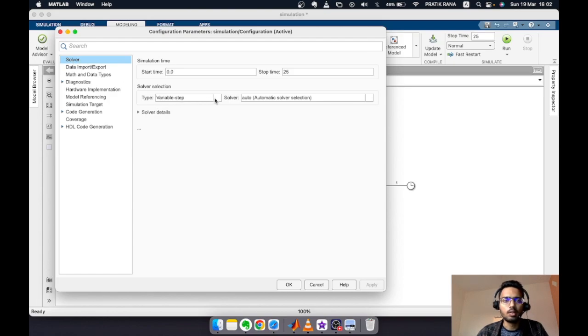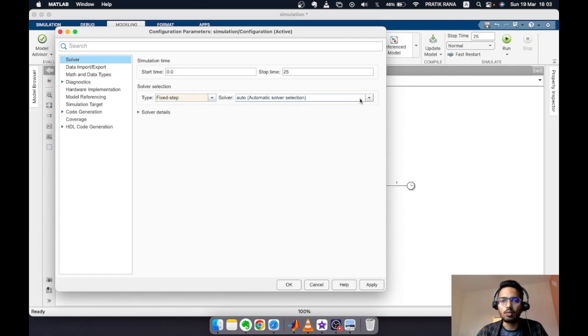We have two different types of solver selections available. One is variable step and one is fixed step. We'll choose fixed step because we want to have a fixed step of 0.1 between any two intervals.